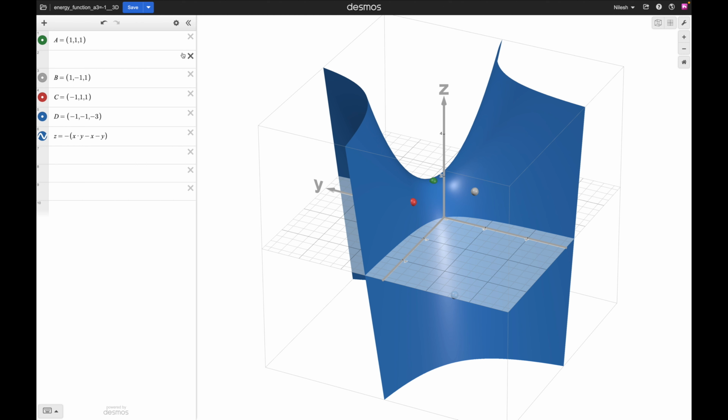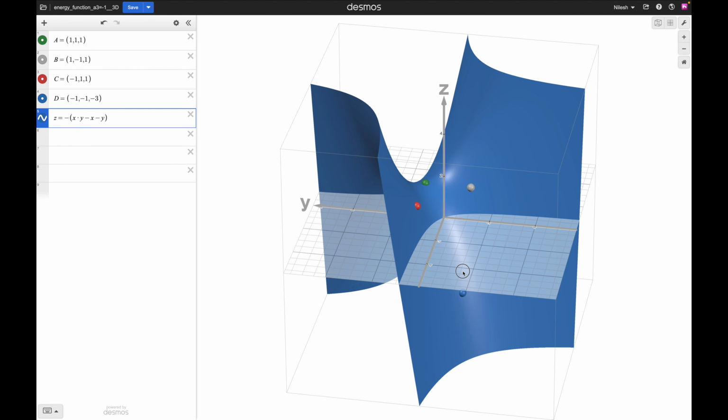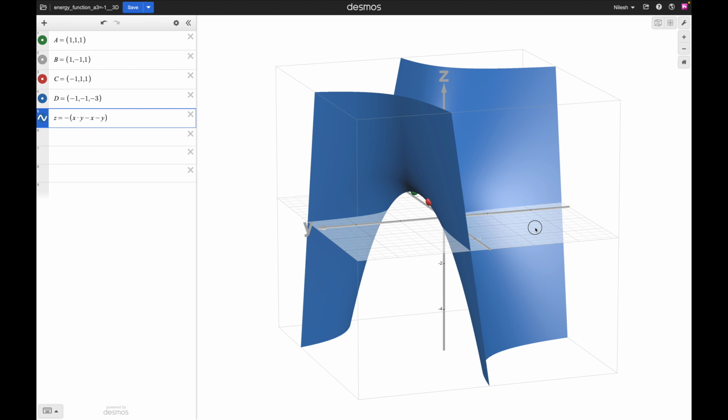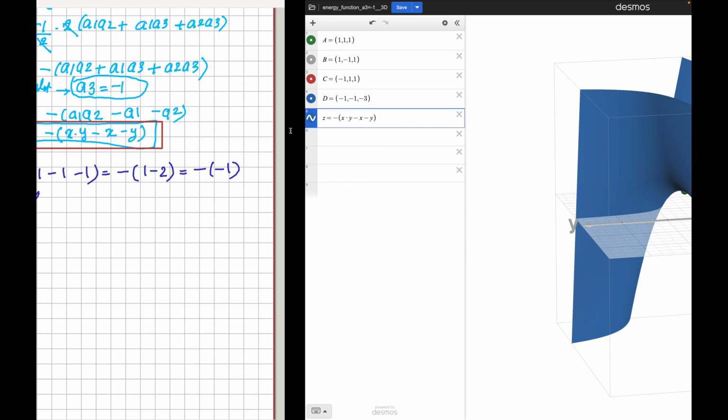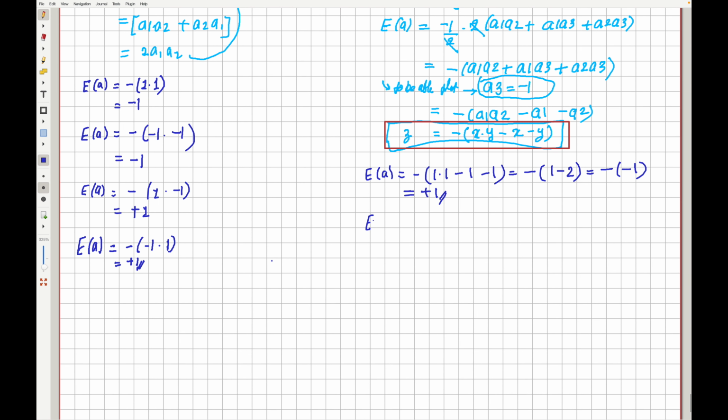If we look at the point that's down here, which is, let's say, the point D, as you can see, it's pretty low in energy, where we have the A1, A2 as -1, -1. So we can plug those values in here and see how it works out.